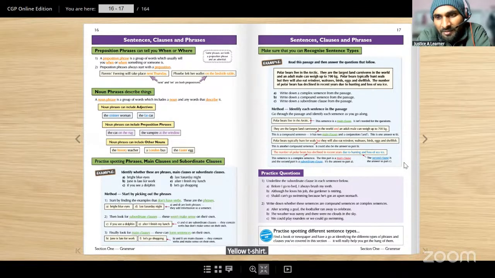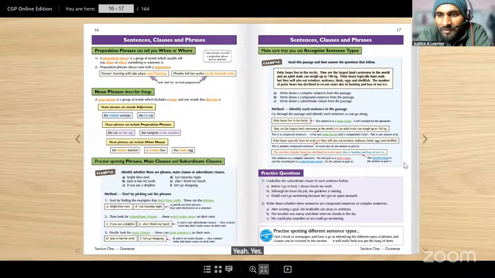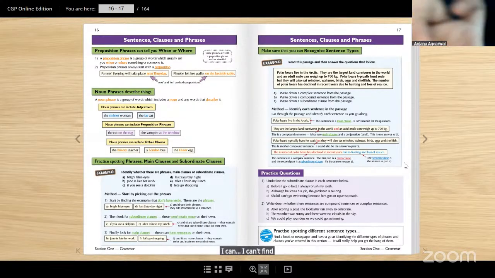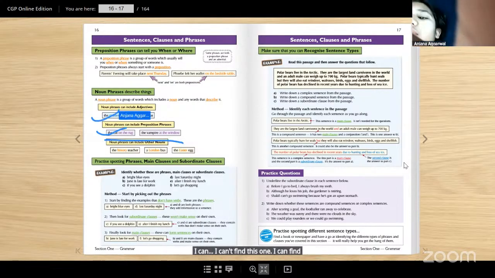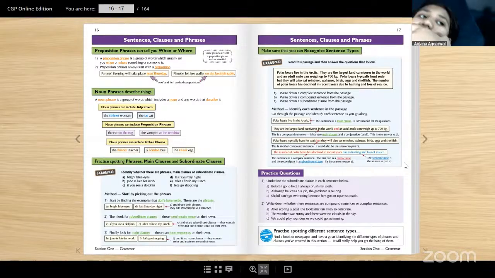Yellow is the name of a color, but that's describing the t-shirt. Yes, you may find many examples. I can't find this one, but I can find this one and this one. You are not thinking. I gave you three examples right now. Think. The fluffy pillow.